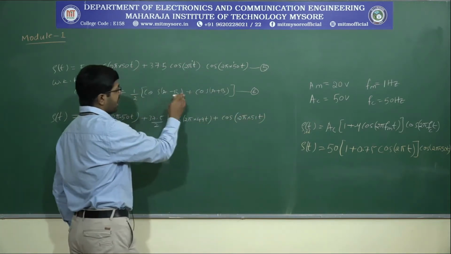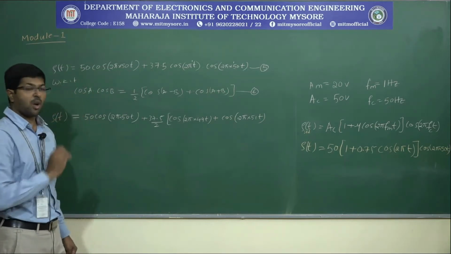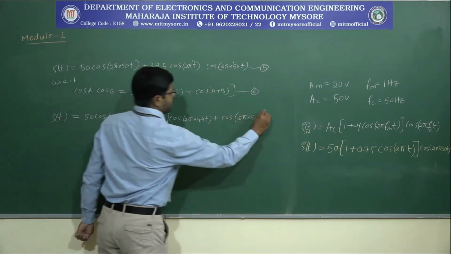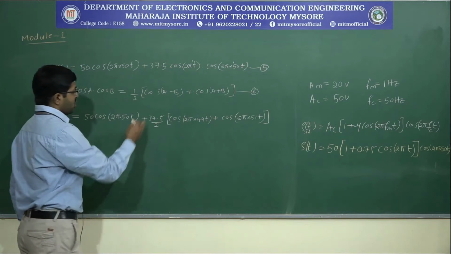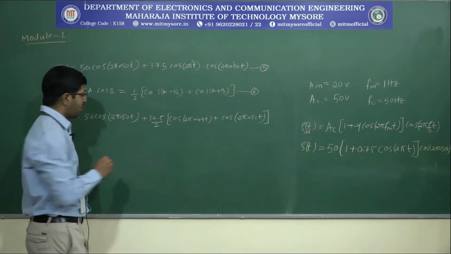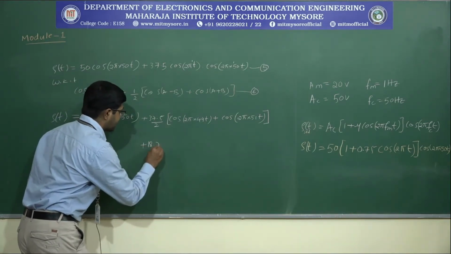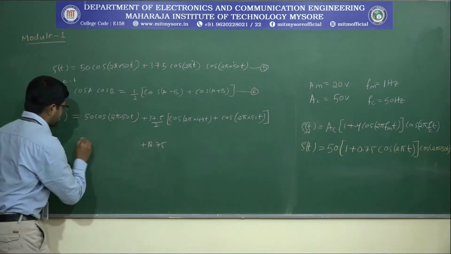A minus B and A plus B. Here our A is 50 and B is 1. 37.5 divided by 2 will be around 18.75. This term remains same.